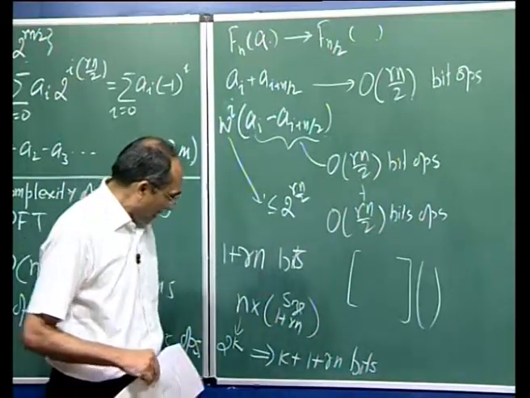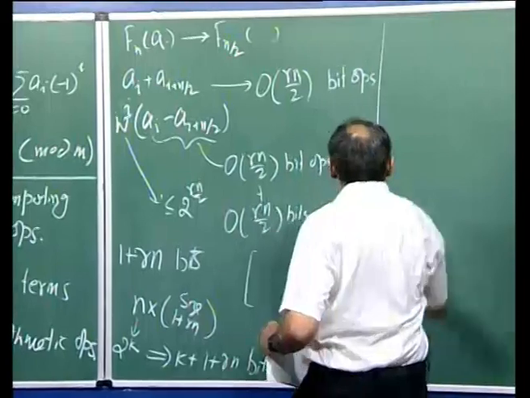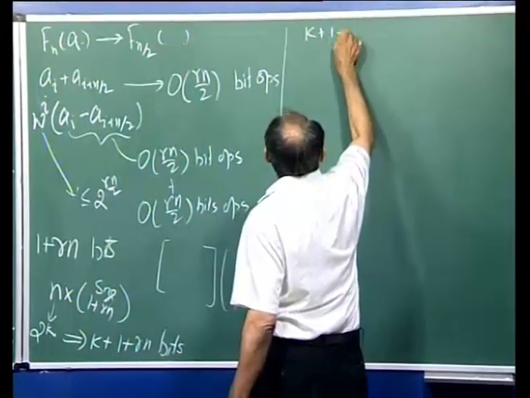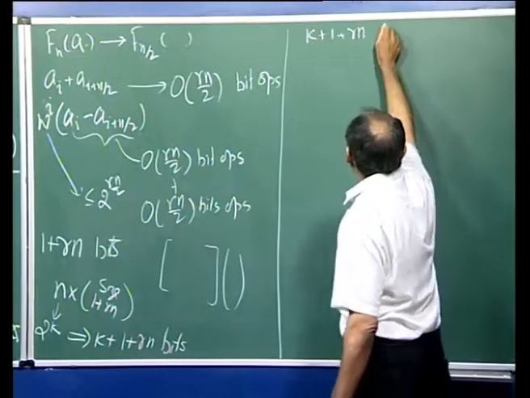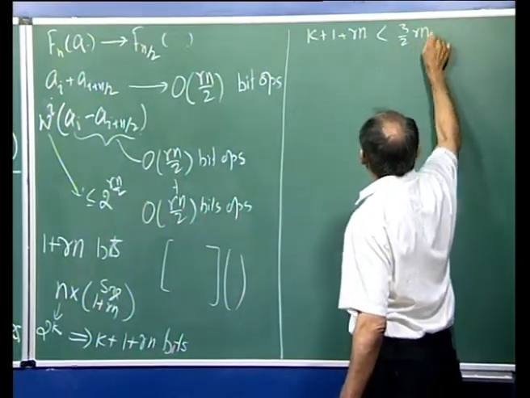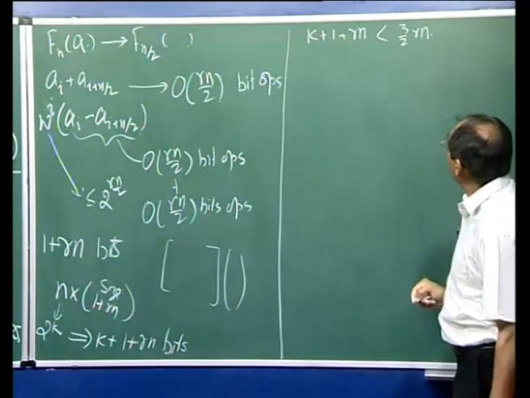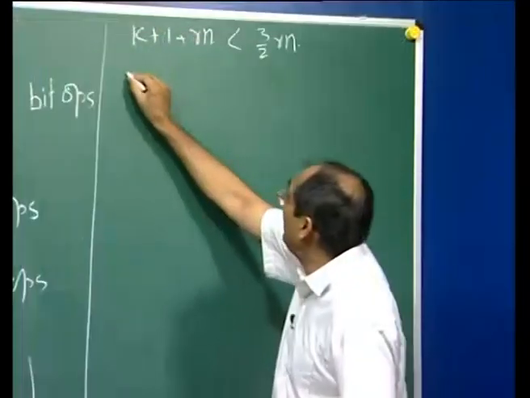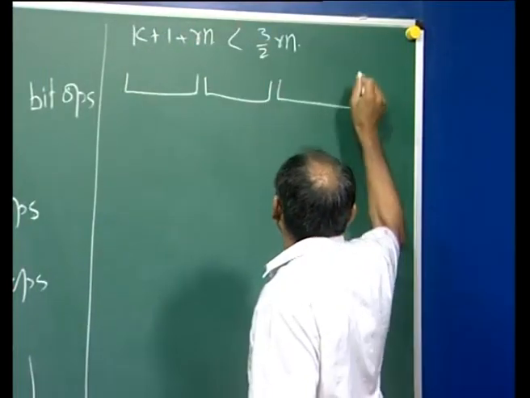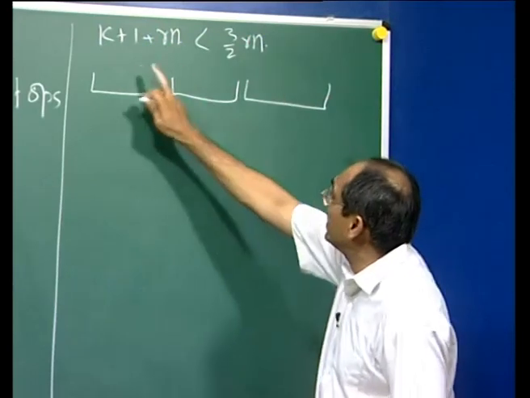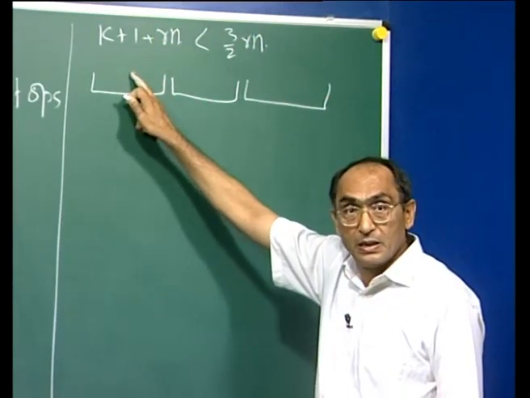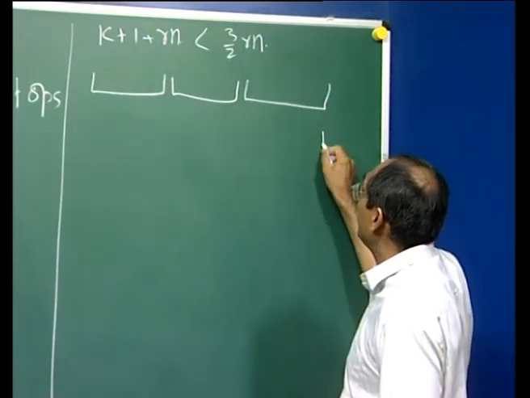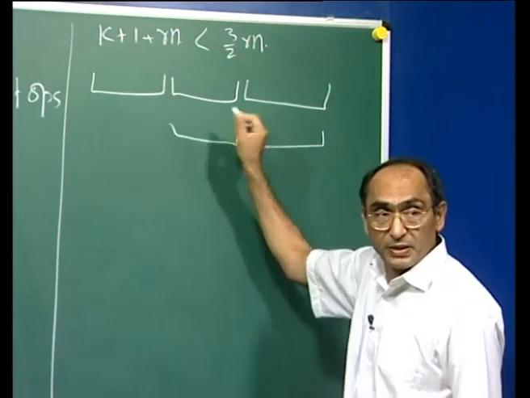Now this k plus 1 plus Rn is less than 3 by 2 Rn. So, when we compute the modulo m of this number, we will have at most 3 blocks, and we will be computing this minus this plus this, and if the result is still greater than Rn by 2 bits, then we will have to compute one more of these operations.